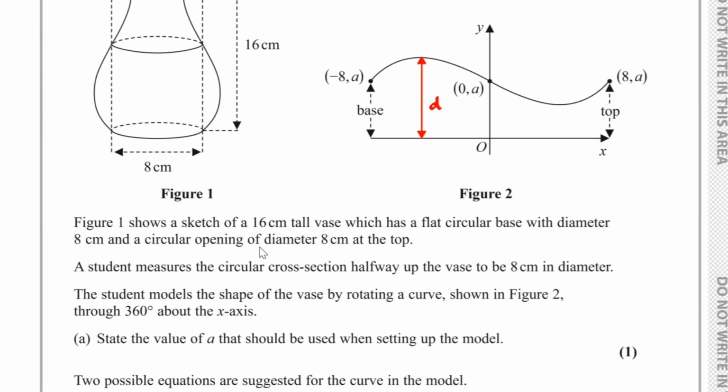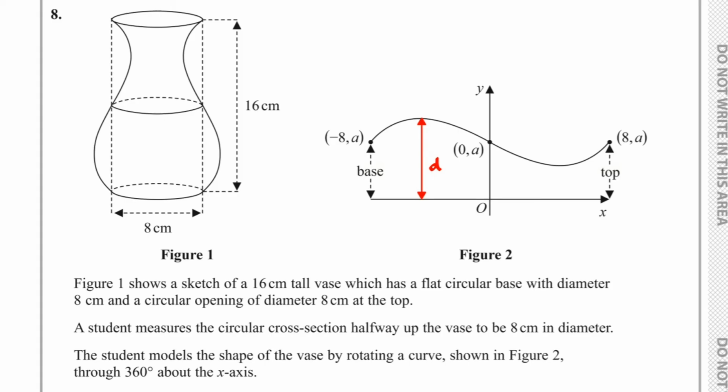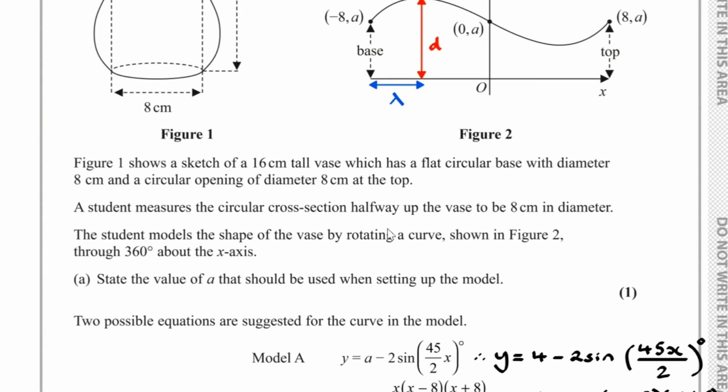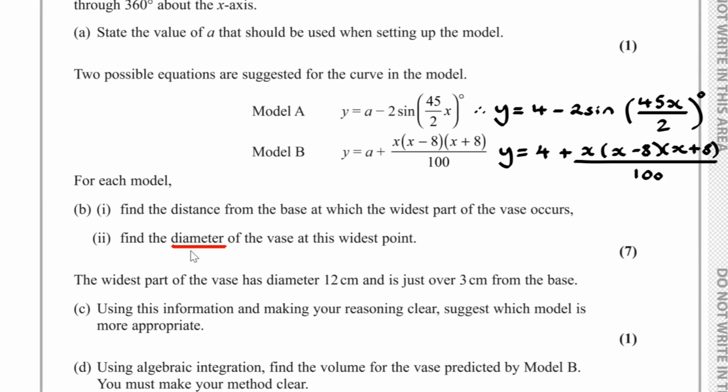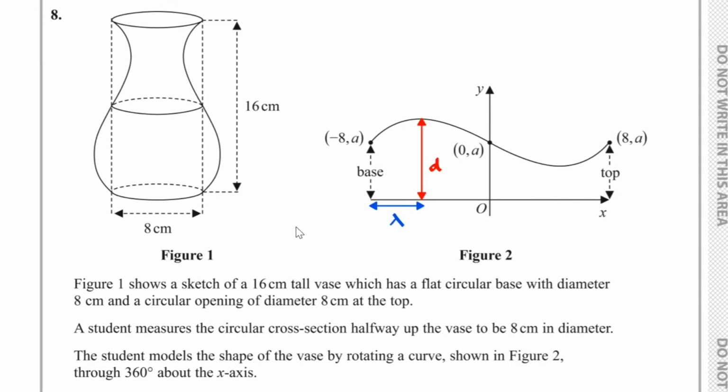And it says the distance from the base. Well, the distance from the base is this distance over here. We'll call it lambda for now. So this is the distance from the base. And that's exactly what we need to find.